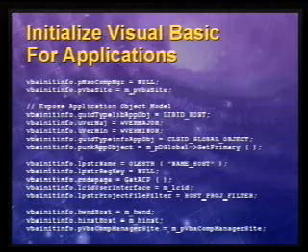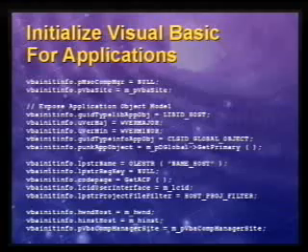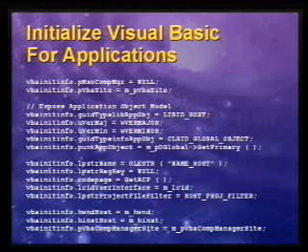So if you look here, there's a big structure that you have to fill in when you initialize VBA. Some of the things of note are that the section called Expose Application Object Model is where you would pass in the pointer to your object model. You also pass in some versions of your type info, versions of the type library. Also of note, VBA is localized in many languages, and you actually tell us what language you want us to display ourselves in.